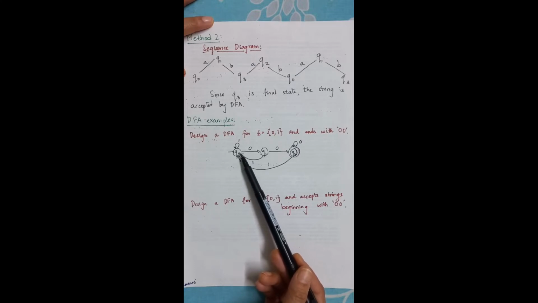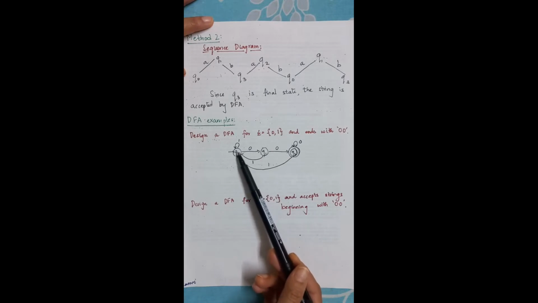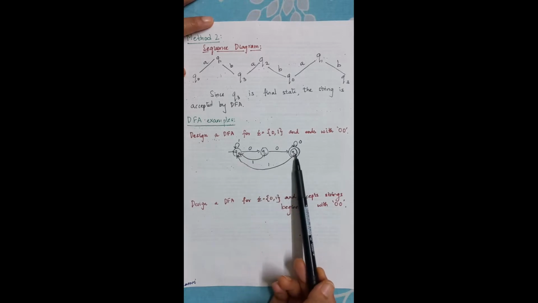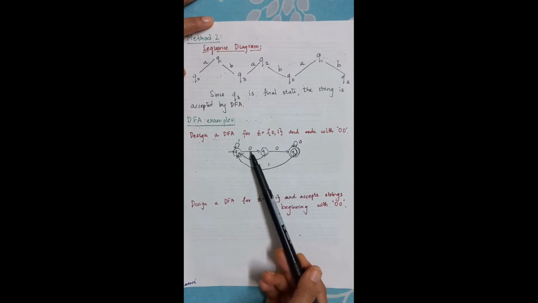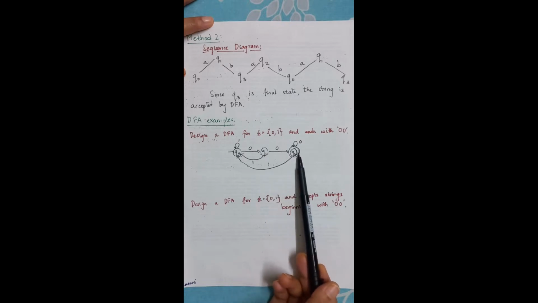Or if I take the sample string as 0, 0, 1, 0, 0, 1, or 1, 1, 0, 0, then Q0, 0, 0. There is only one path which takes me to my final state, which is 0, 0. So if I move through that path and reach the final state without any string further, then the string will be accepted by the DFA.